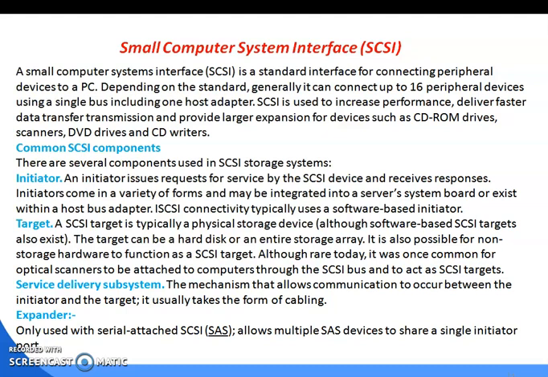SCSI connectivity typically uses a software-based initiator. Next is the target. A SCSI target is typically a physical storage device. The target can be a hard disk or an enterprise storage array.